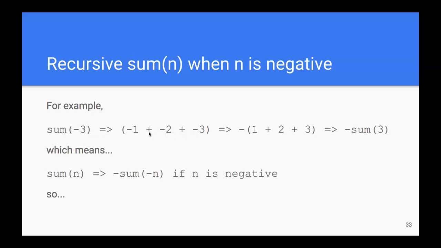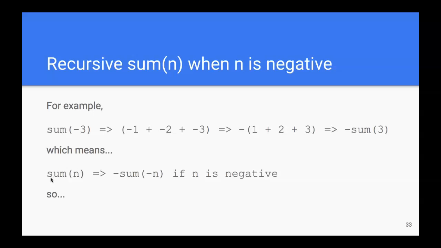You can actually factor out the negative sign here, if you remember your algebra. So this is the same as the negative of 1 plus 2 plus 3. And 1 plus 2 plus 3 is really the sum of 3. So sum of -3 is equal to the negative sum of 3.